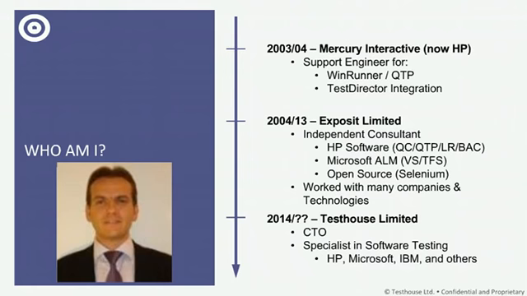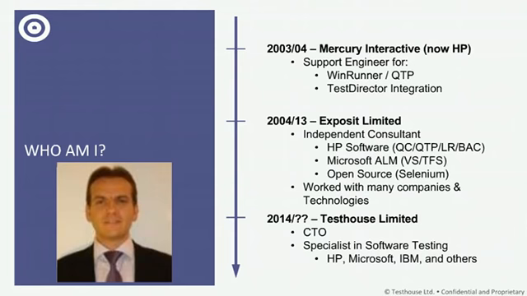After that, I left Mercury Interactive and started my own independent company as a consultant, working with HP Software, Quality Center, Quick Test Professional, Load Runner, and even Business Availability Center. Different products from HP, and I also got an interest in other tools, specifically Microsoft ALM with Visual Studio and TFS, and some other open source products.